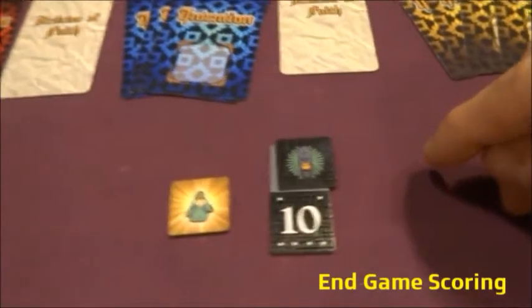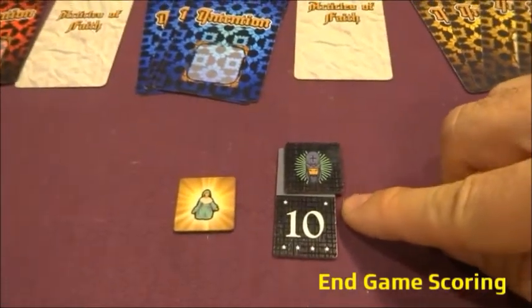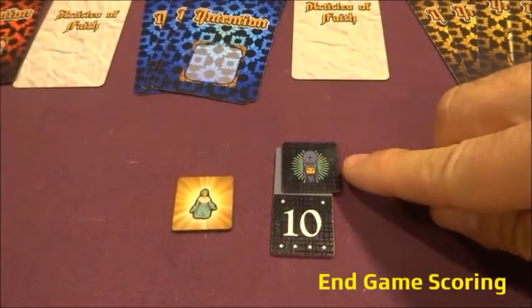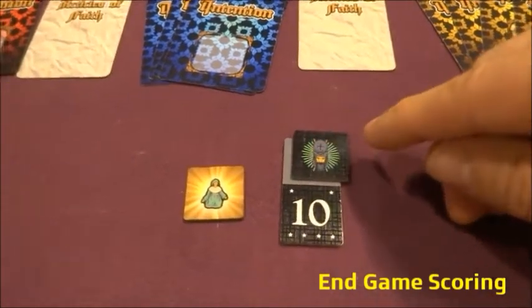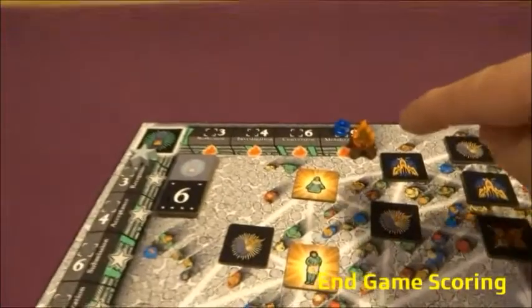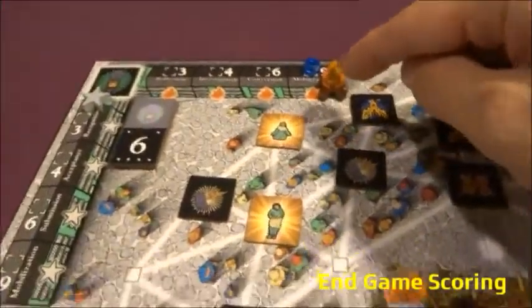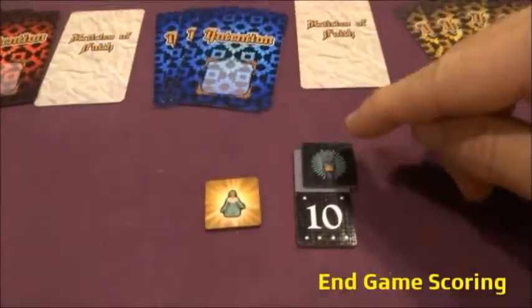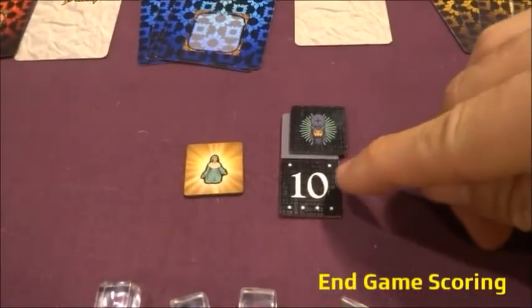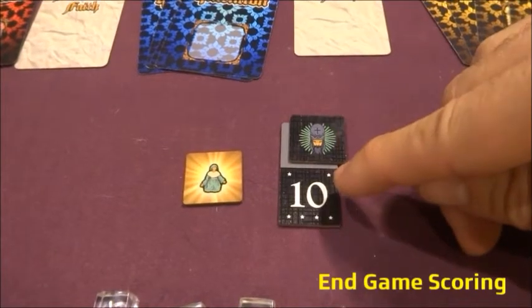Let's look at the blue player. Blue has the allegiance tile and 1 doctrine tile for church authority, matching the allegiance tile. Let's look at the level. The tracker did make it up to 9 for blue, so blue will score 9 points for that tile, plus 10 points for the allegiance tile at 19.